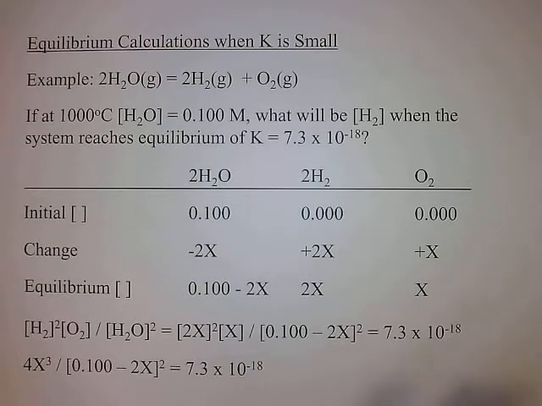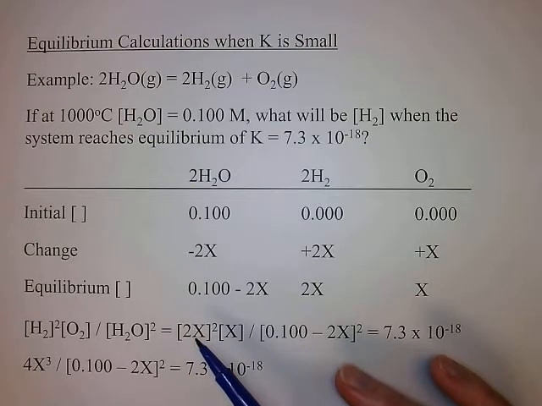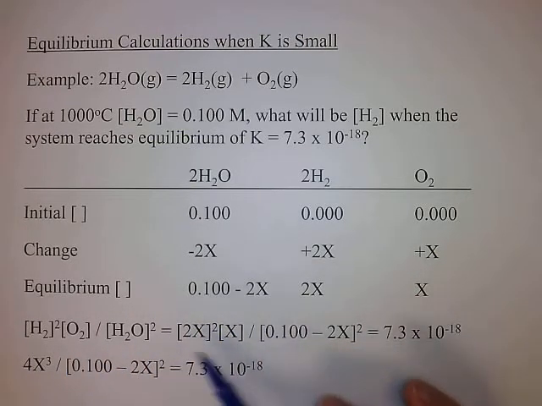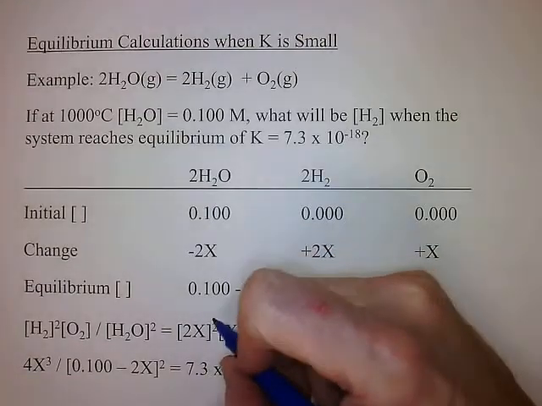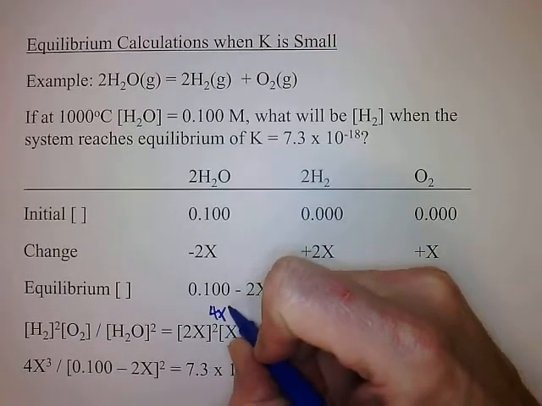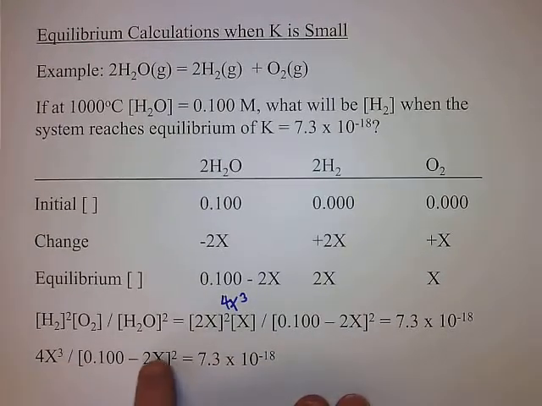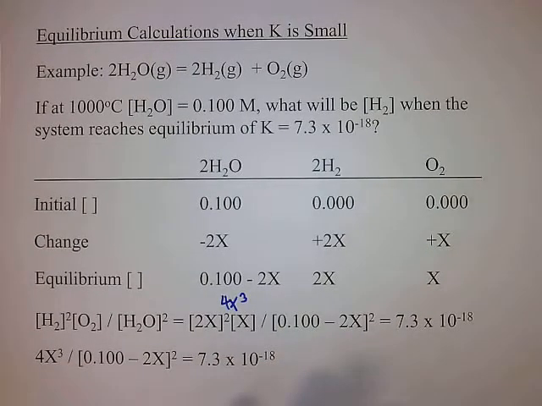We plug all this in, and we get this equation: 2x squared times x, which you can simplify into 4x cubed, times 0.1 minus 2x squared, is equal to 7.3 times 10 to the minus 18th.